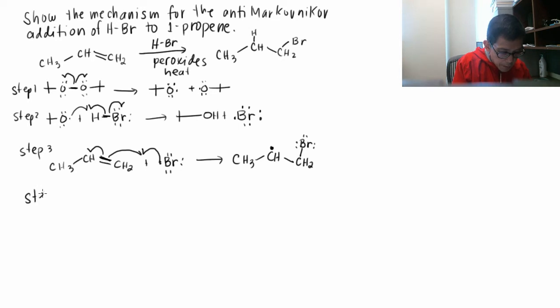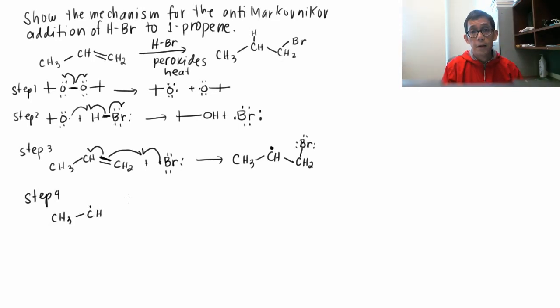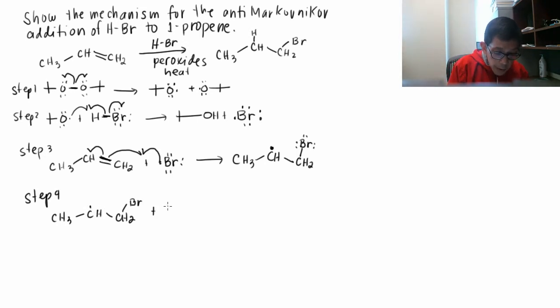So then step 4. The reactant in step 4 is the product in step 3, CH2. This is what happens next. We now have a radical, so that reacts with another molecule of HBr.